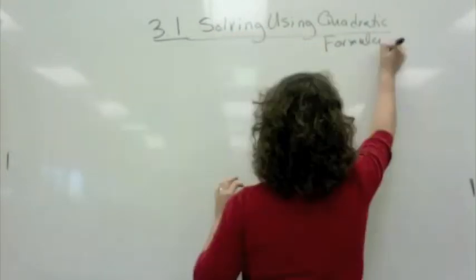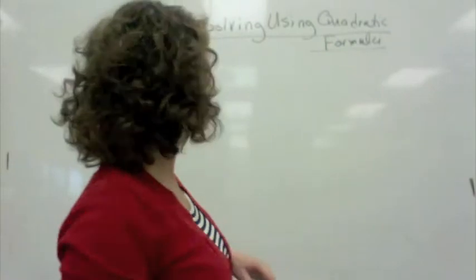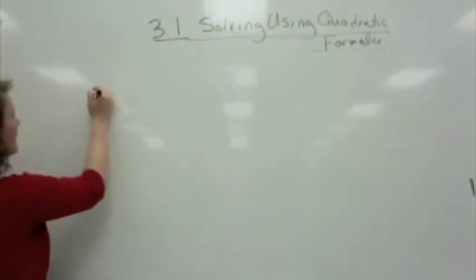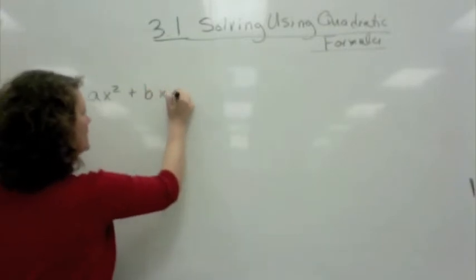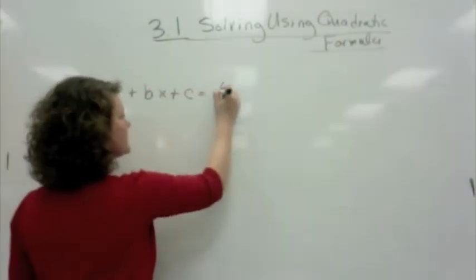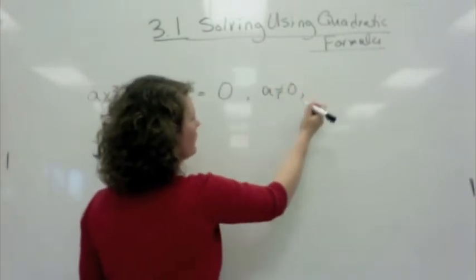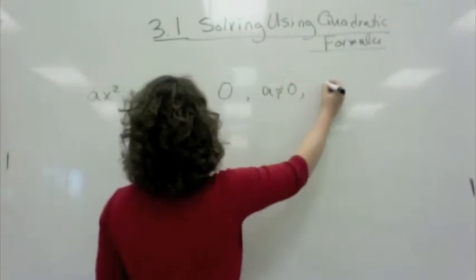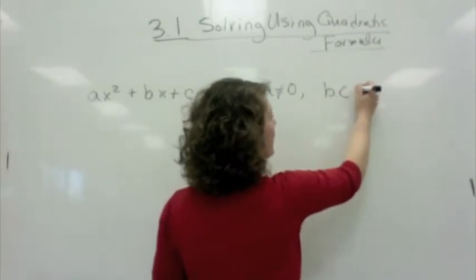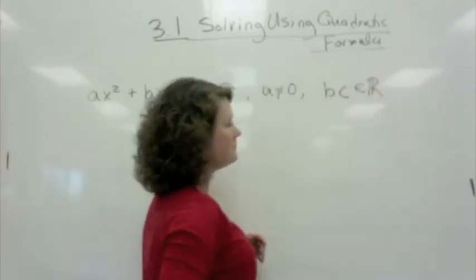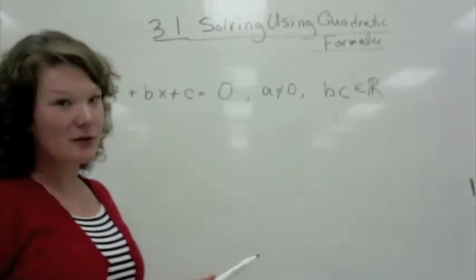So 3.1, solving using the quadratic formula. Remember, guys, a quadratic equation is ax squared plus bx plus c equals 0, where a cannot equal 0, and b and c are elements of the real numbers. It can be any real number, so that also includes 0.